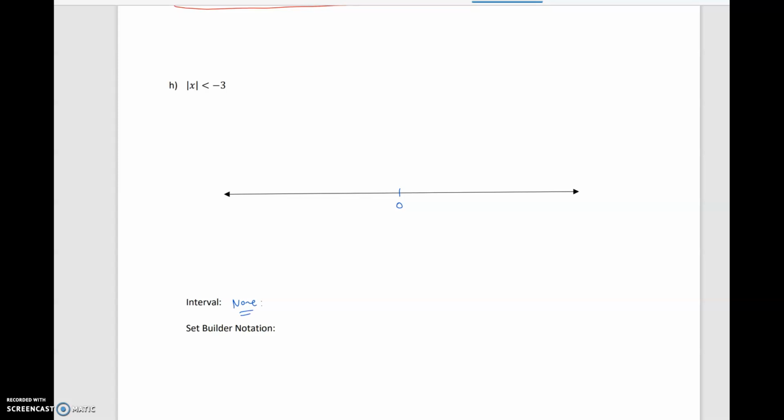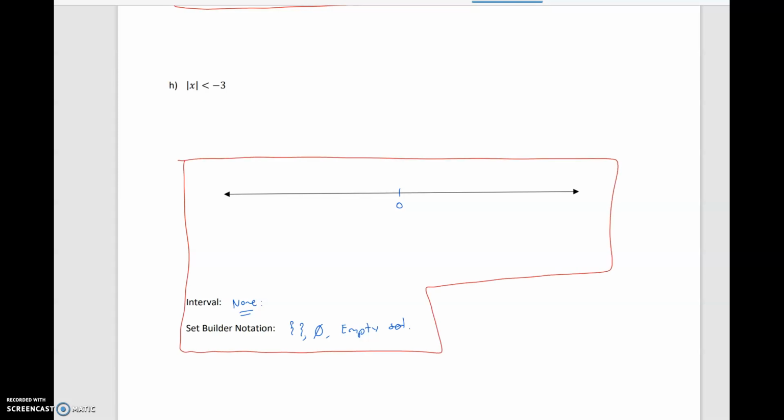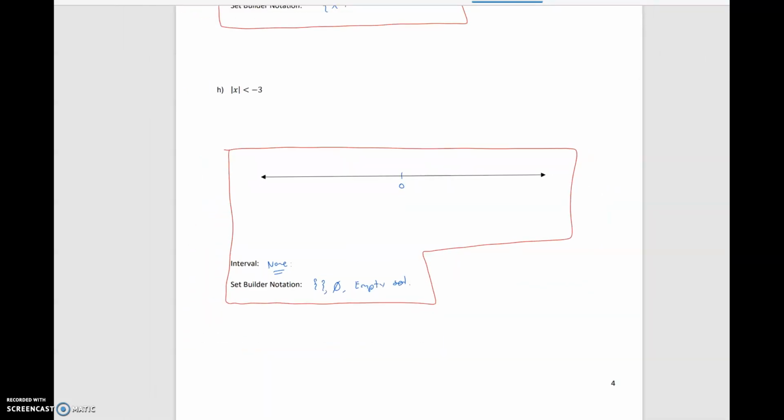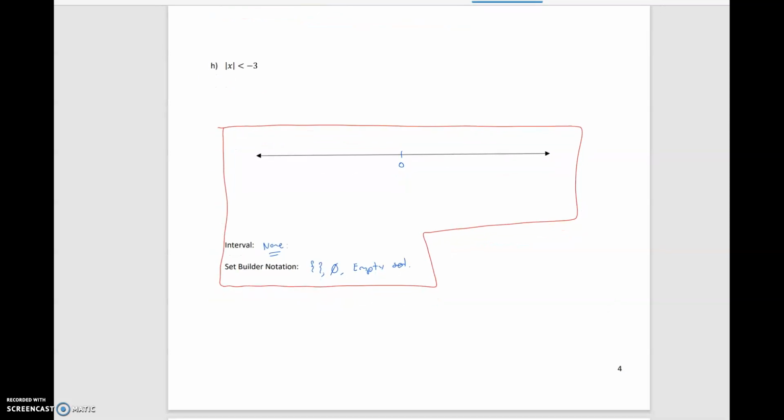If we're talking about set builder notation, this will just be the empty set. So I'll just write it as a 0 with a line across. And basically, this is one of those problems with no solution. And that is because there is no distance that can be less than a negative value.